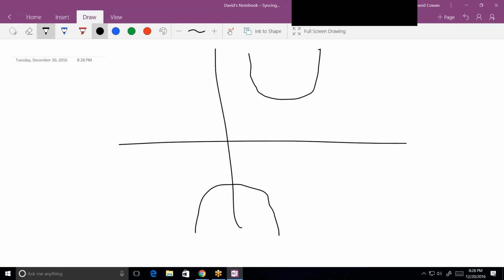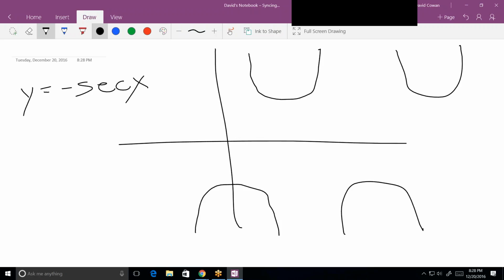This would be negative secant. Very good. That's exactly what that is. Now, looking at this curve, tell me what the domain is. Remember, we have vertical asymptotes.